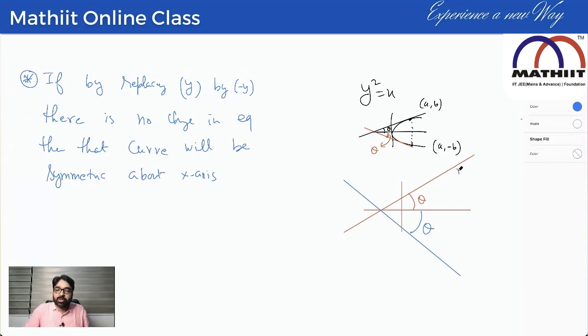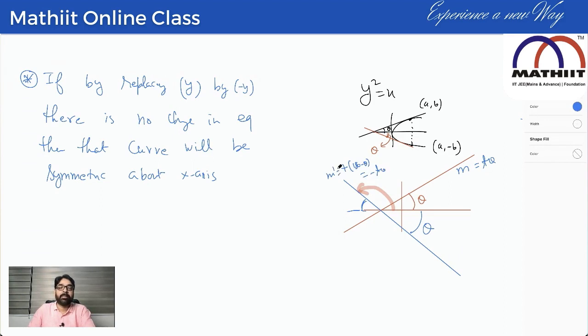So this line's slope is m. Slope means what? Tan theta, with the positive x-axis. If this is theta, think carefully, this angle will be what? This angle is 180 minus theta. So the slope of this will be what? m equal to tan of 180 minus theta, means minus tan theta.